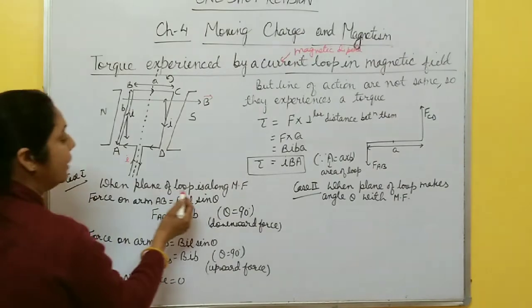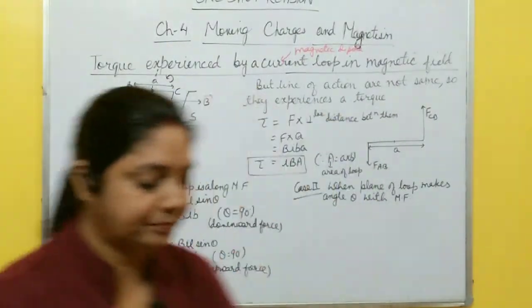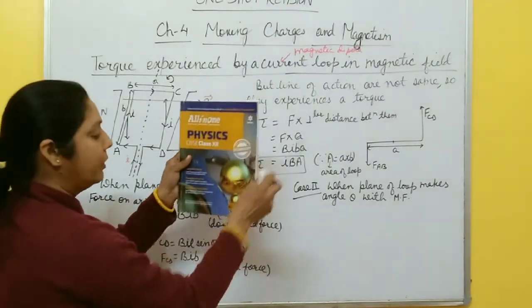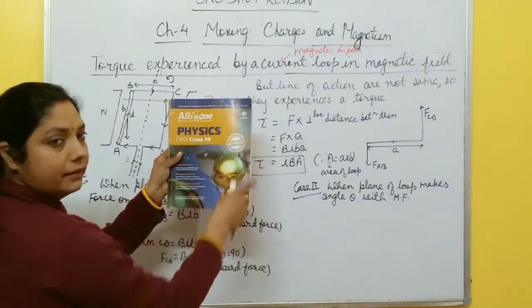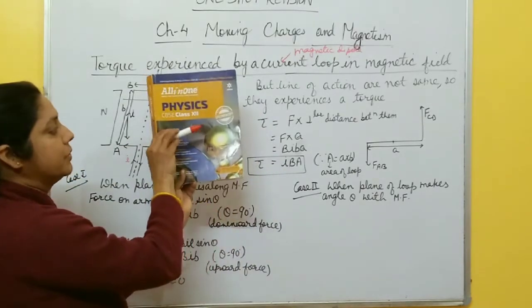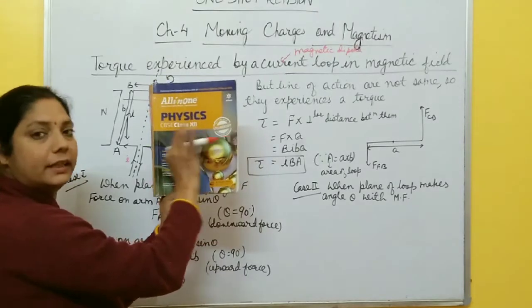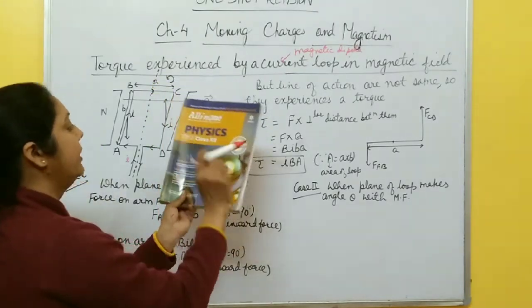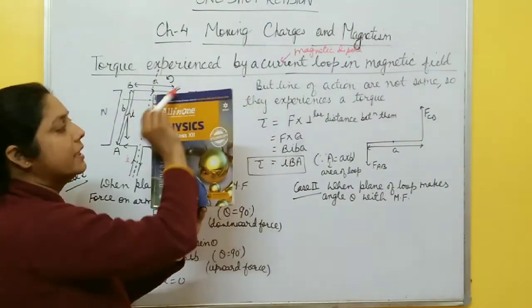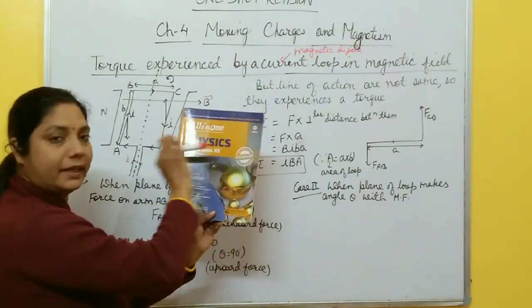Case 1, when plane of loop is along magnetic field. It means what? Suppose this is rectangular loop ABCD, and magnetic field is along this direction. So plane of loop and magnetic field both are in the same direction, right? Now what happens when this current carrying rectangular coil is placed in this magnetic field?